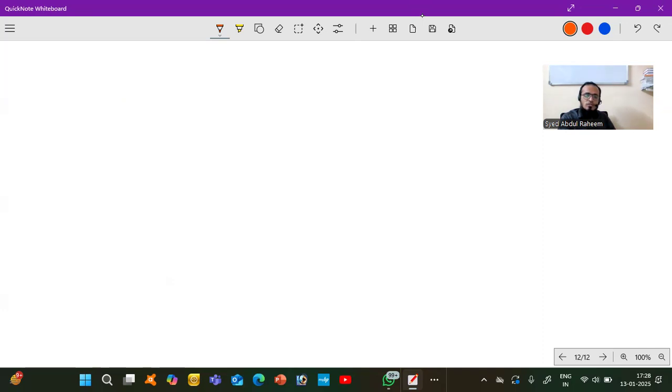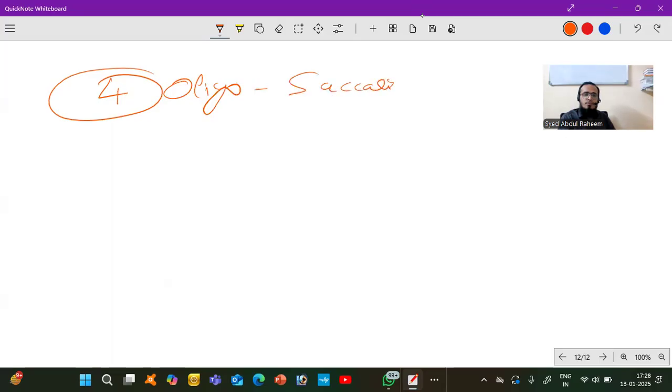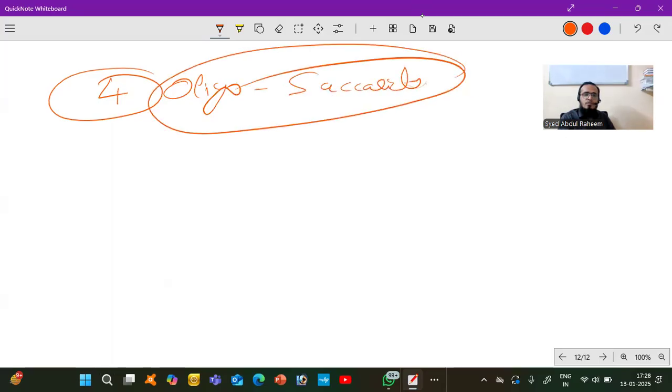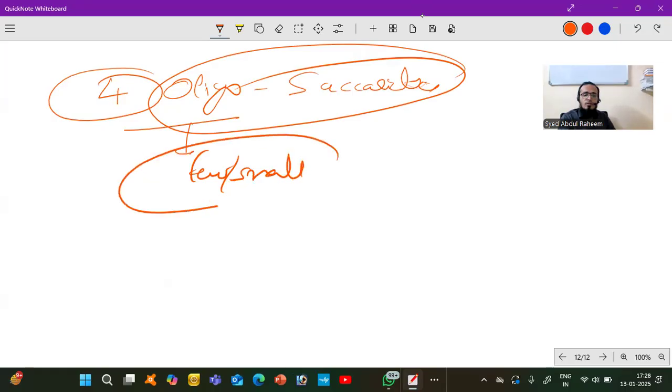Okay, so this is about polysaccharides. Next is the fourth, the last one we'll discuss in our class today, oligosaccharides. Oligo means few or small, some amount of sugar molecules or carbohydrate molecules.